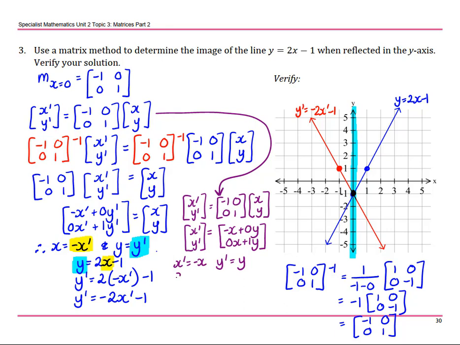Getting x on its own, x would be negative the image of x. So go to our equation, y equals 2x minus 1, and substitute these in. So this is very similar to the method we used in our translations.